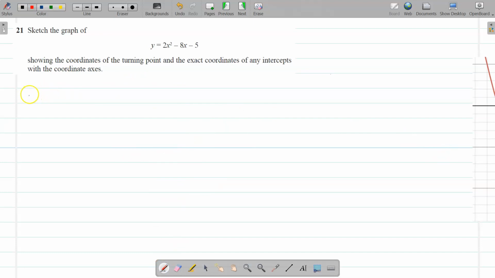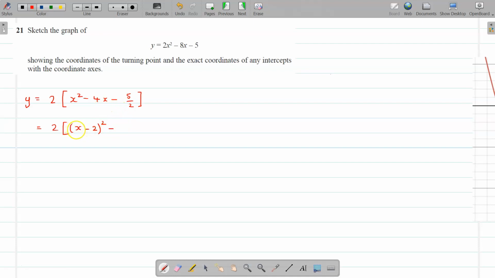So this is a classic completing the square question. I'm going to take out the factor of 2, and that leaves me with x² − 4x − 5/2. Then I'm going to complete the square for what's inside the square bracket, which is 2 lots of, now I halve the x coefficient and square it, take away what's left over.